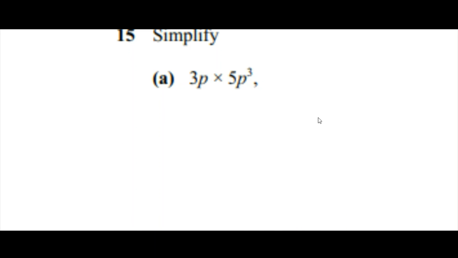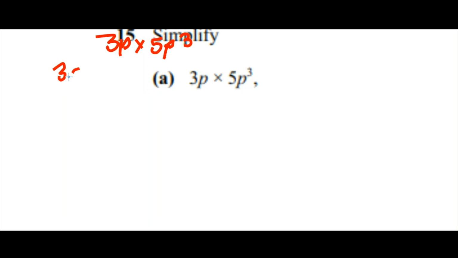We have another past question here for us to solve. We are going to solve it together and see what our answer looks like. We have 3p multiplied by 5p raised to power 3. Since we have coefficients of 3 and 5, we multiply them together, and for the unknown p as well, we take the powers.